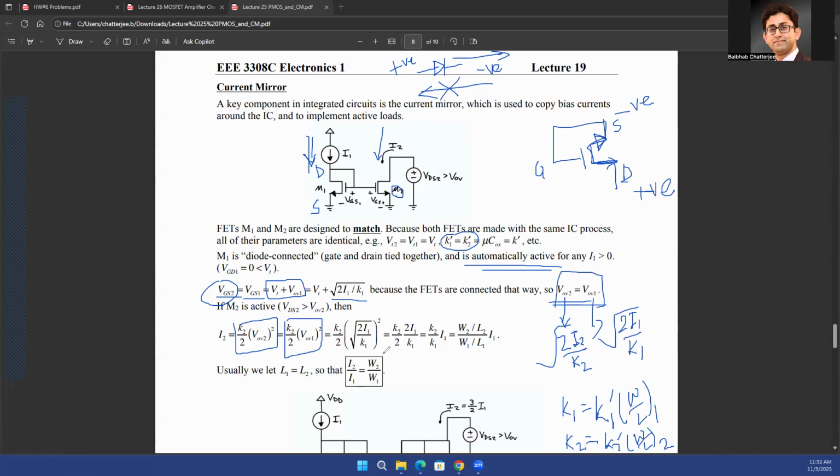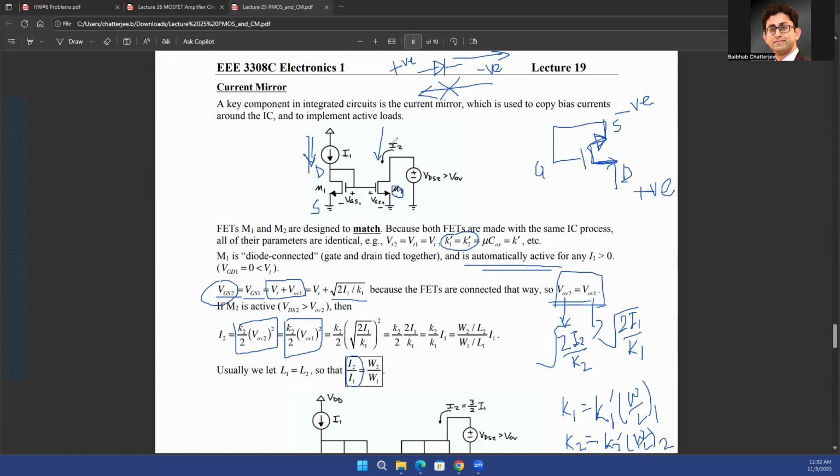Now you just expand that, and we'll go through this in detail in the next lecture, but you'll see that the ratio of the currents I2 and I1 will be a ratio of the W over L of the transistors M2 and M1. So depending on the W over L ratios of the transistors, you can figure out what is going to be your I1 and what is going to be your I2 as a function of your I1. So you can not only mirror it, so that I2 equals I1, that's very easy.